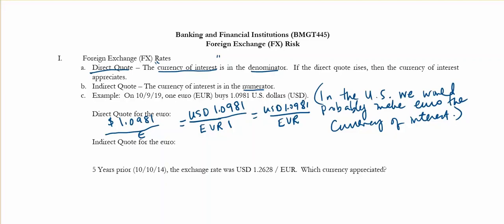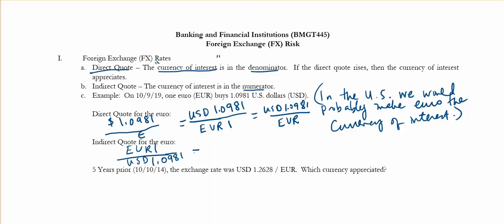I'll talk more about these triplets that represent currencies later in the lecture. But they're very convenient to use, so we don't have to hunt for a special symbol on our keyboard. Now the way to indirectly quote the euro would be to say that 1 euro, that's going to be in the numerator, buys $1.0981.